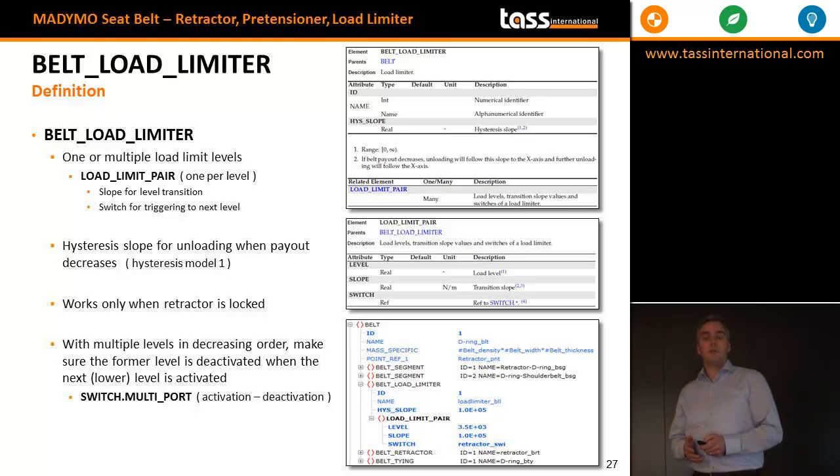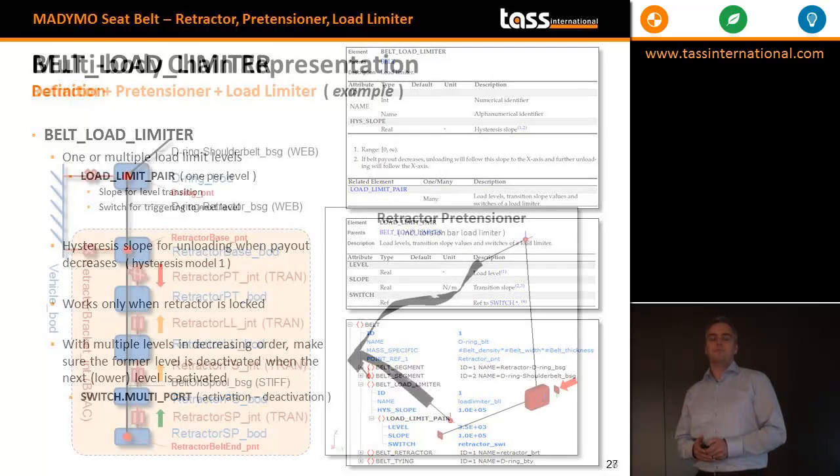Similar to what we saw for the pretensioner, the load limiter only works when the retractor is locked. Furthermore, it's important, if you define multiple levels in a decreasing order, that you make sure that the former load limiter level is deactivated when the next level is activated. For this, you can use switch multiport.